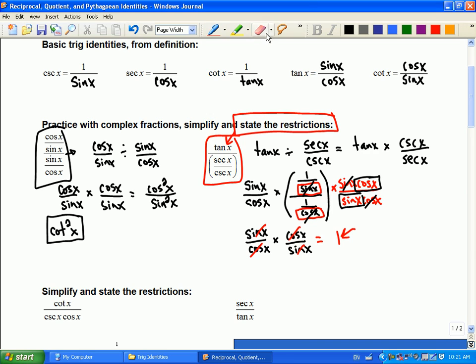So if you remember, does anybody remember where the tangent has problems? Yeah. So cosine can't equal 0. I'll put that in our margin here. I'll use a different color. So if tan x, I can't have cos x equal to 0. Running out of space, so I'll move it down.